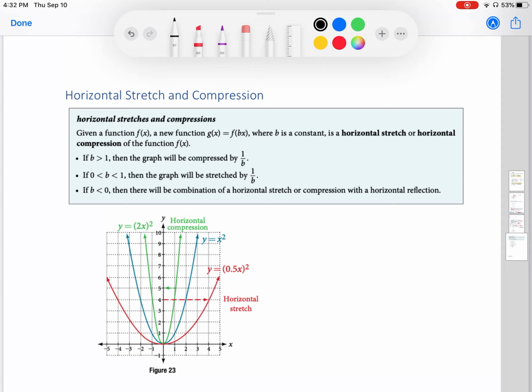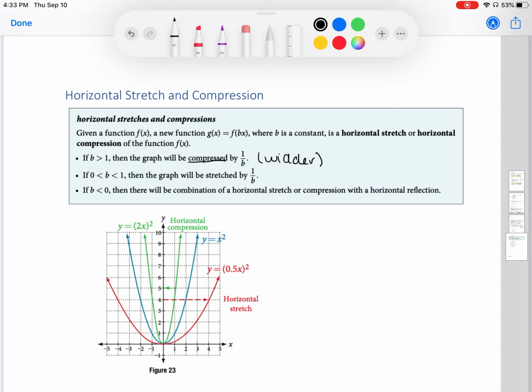If b is greater than 1, then the graph will be compressed by 1 over b. If b is between 0 and 1, then the graph will be stretched by a factor of 1 over b.